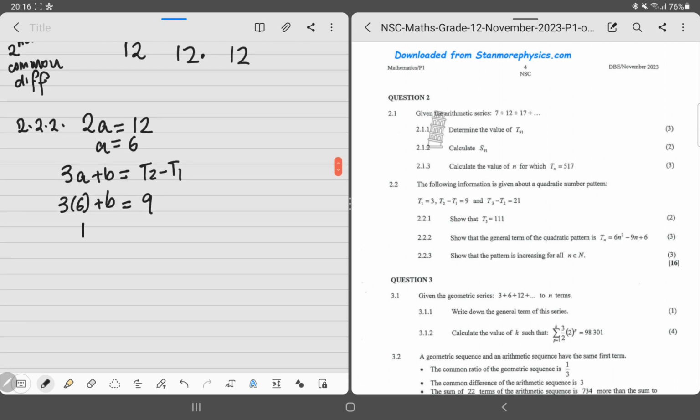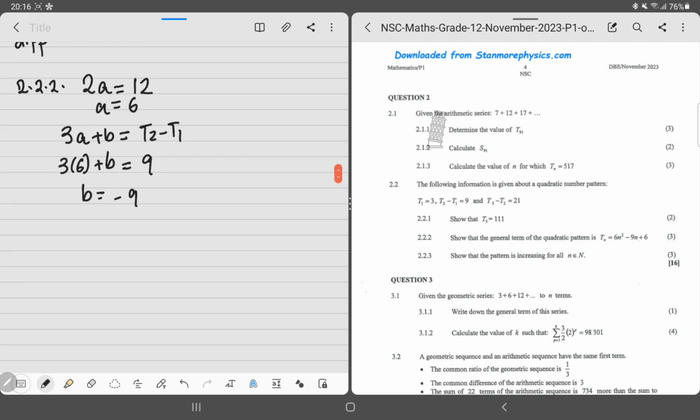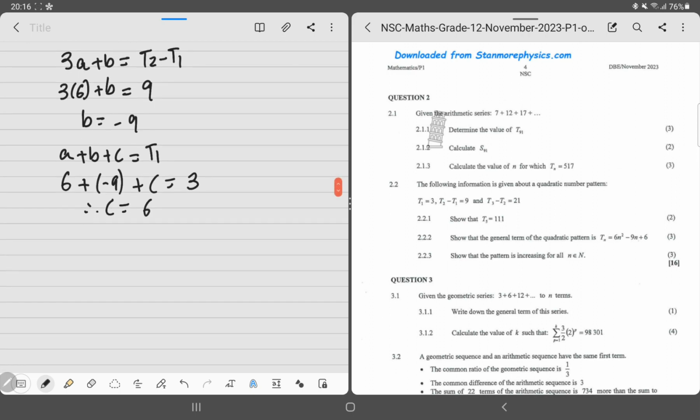We get b equal to negative 9 because 3 times 6 is 18. Transposing it, that becomes 9 minus 18. a plus b plus c should be equal to T1. a is 6, minus 9, plus c equals 3. Therefore c should be equal to 6. So Tn is 6n squared minus 9n plus 6.